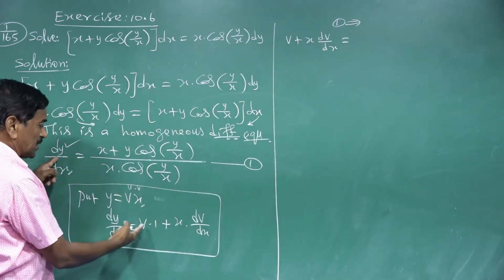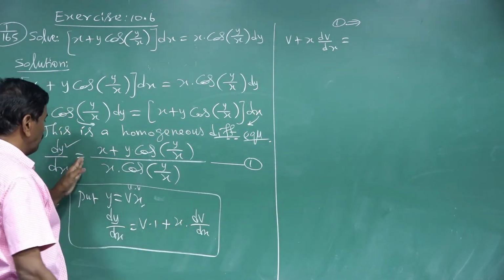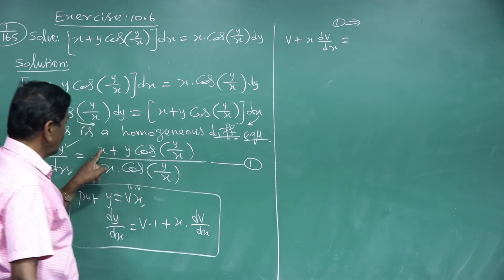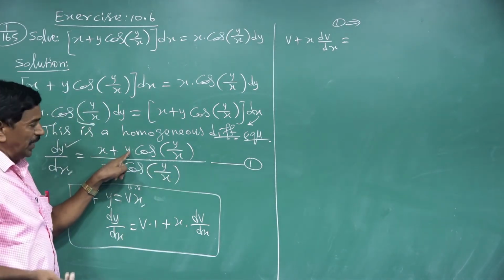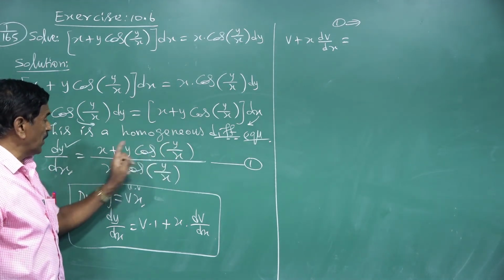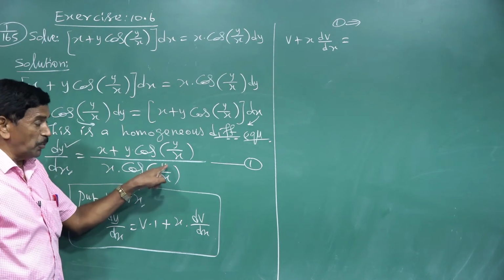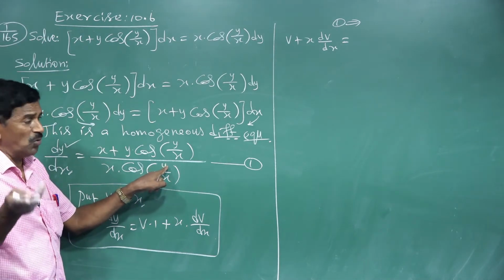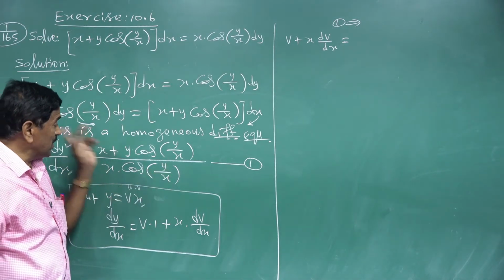The LHS becomes v plus x into dv by dx, which is equal to x plus y, where we put y equal to vx, into cos of y equal to vx divided by x, fully divided by x into cos of, put y equal to vx, wherever y, put y equal to vx, so y by x becomes vx by x. That's the technique.